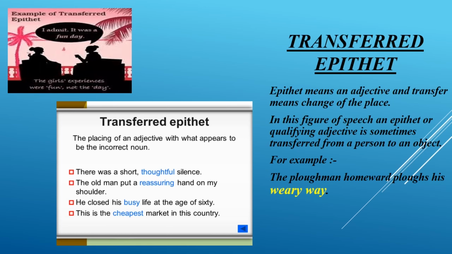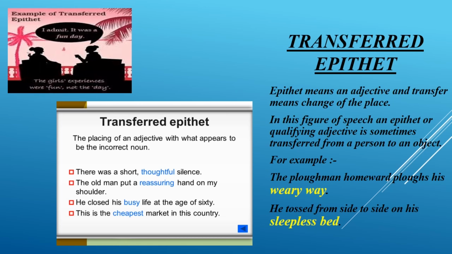The next example, he tossed from side to side on his sleepless bed. Now, this is something that happens with all of us at some point in time. When we are trying to sleep and not able to get sleep, we keep changing our position on the bed. That is when we are sleepless. Is the bed sleepless or am I sleepless? I am sleepless. Okay, here the man is sleepless. So when he is sleepless, what is he doing?